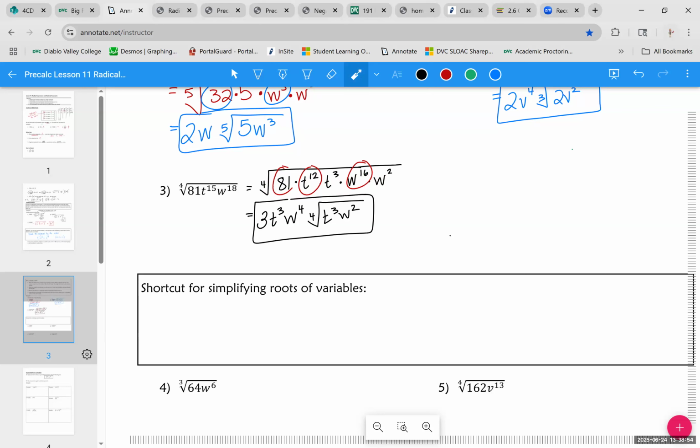If you like to rewrite it, go for it. But if you want to, you can try this shortcut, which would be: divide the exponent by the index.